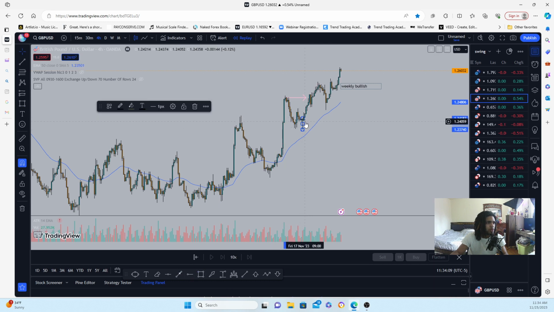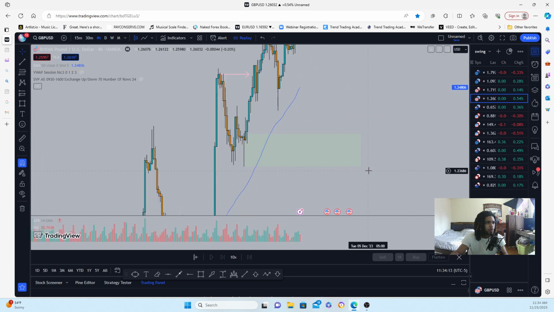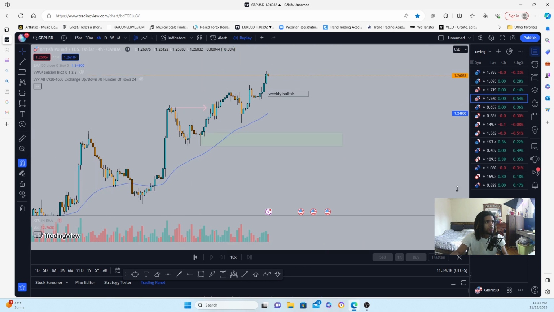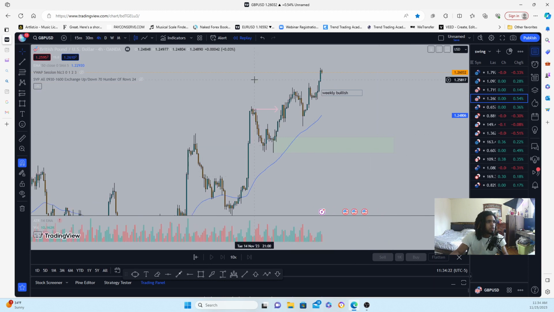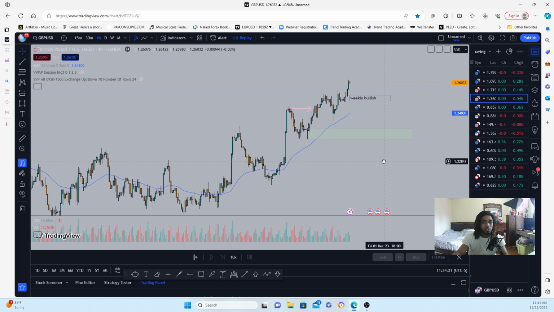The last down move before it moved back up. Untapped. So this is gonna be the next area that we're looking at for price to pull back to. Like I said, the waiting game. Keeping it real simple, real simple.